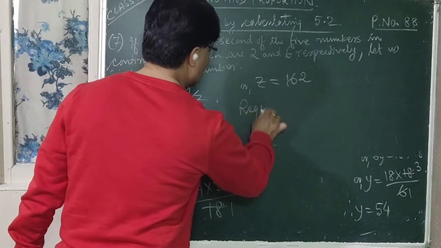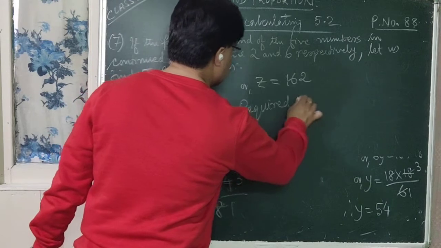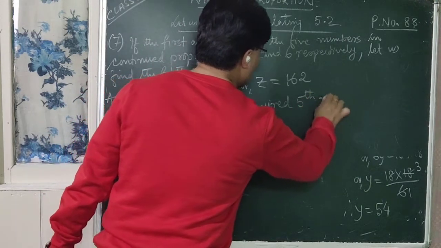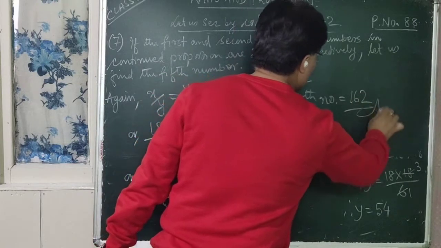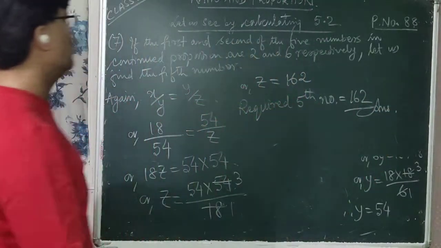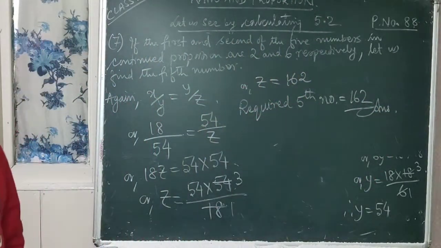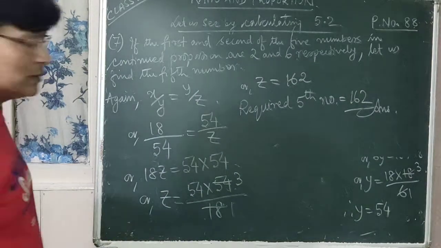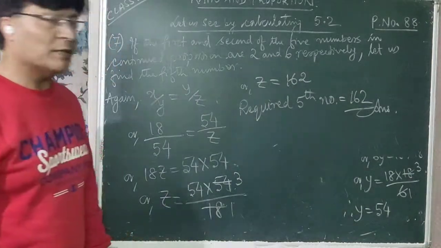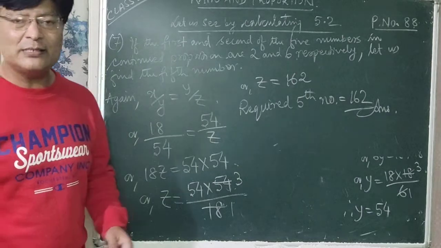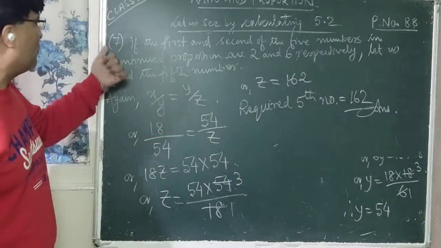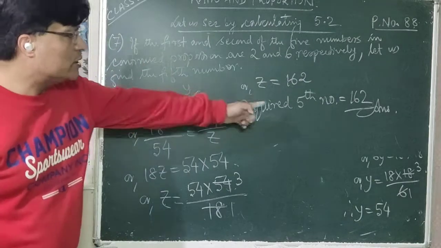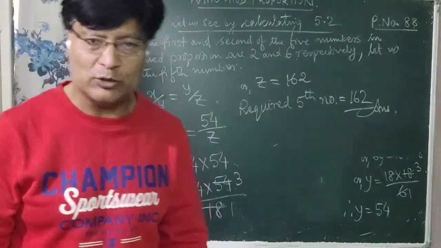So you can write required fifth number is equal to, what is the answer? It is 162. So I think you have understood it. So required fifth number, that is z is equal to 162. So this is the required fifth number for question number 7, which is equal to 162.